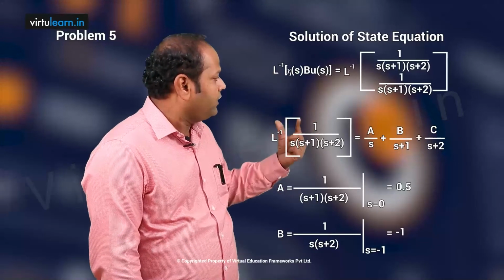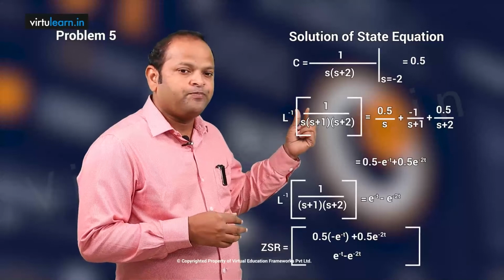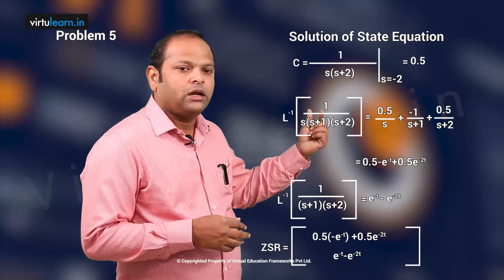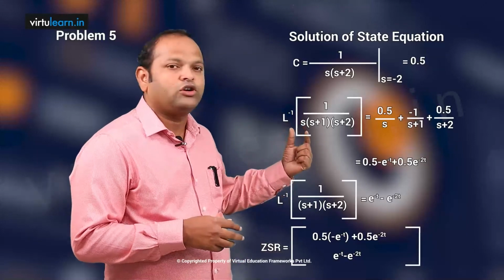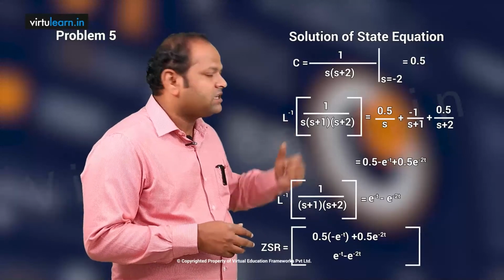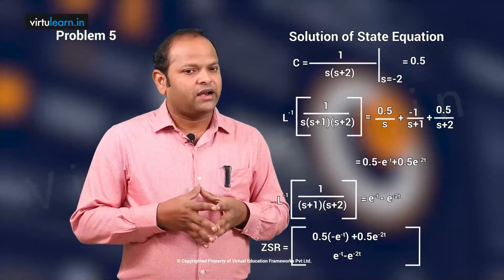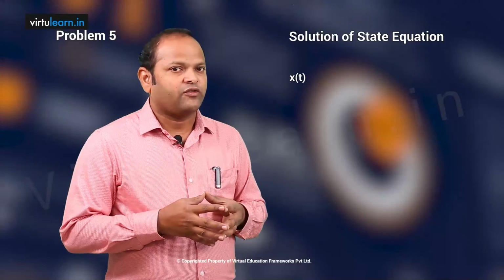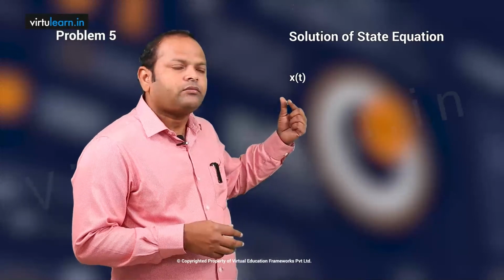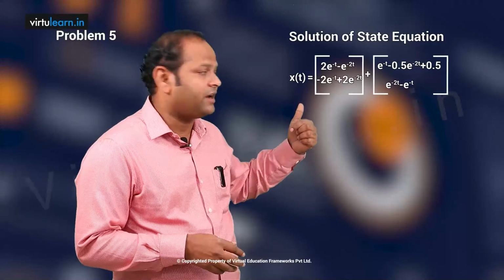If you find the inverse Laplace transform of these two and write ZSR, then it is going to be 0.5 minus e power minus t plus 0.5 e power minus 2t, and the second term is going to be e power minus t minus e power minus 2t. Then when you combine ZIR and ZSR, which results in the x of t expression, there are again two terms, because there are two state variables x1 of t and x2 of t.